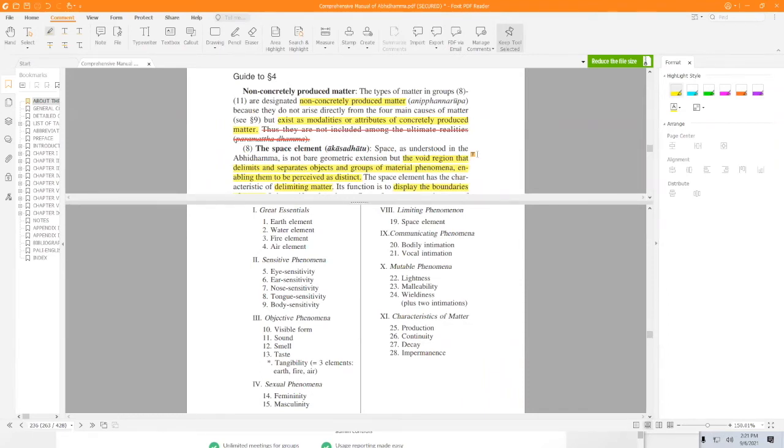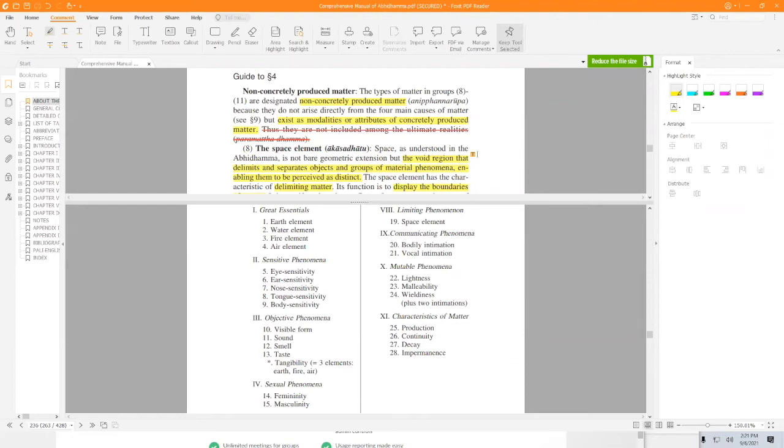There was a passage we came across, I think at the beginning of chapter 4 on the cognitive process, where it's said that material phenomena occur 17 times more slowly than mental phenomena. 17 cittas occur in the time that it takes for one material phenomenon to arise and pass away.